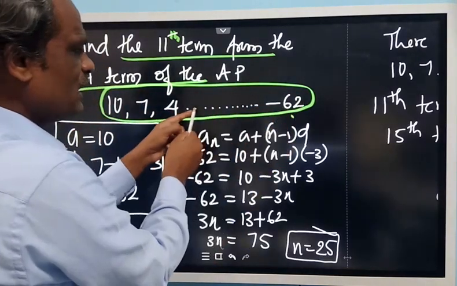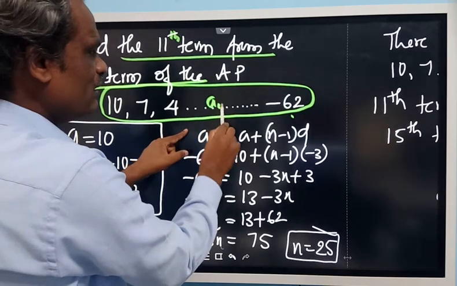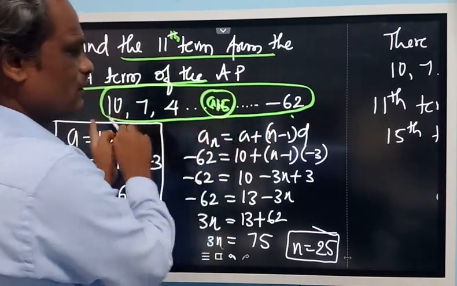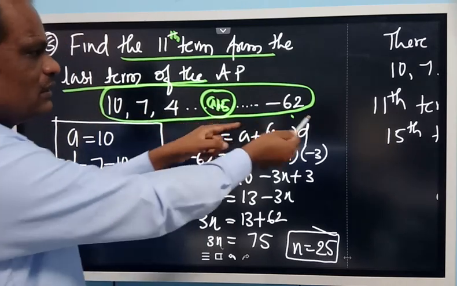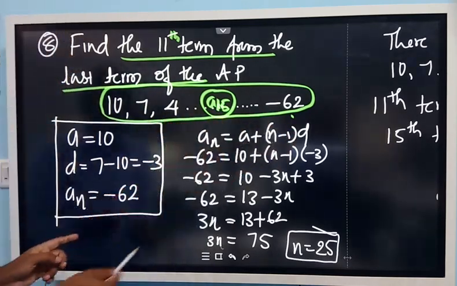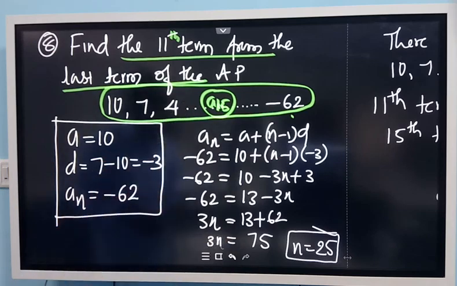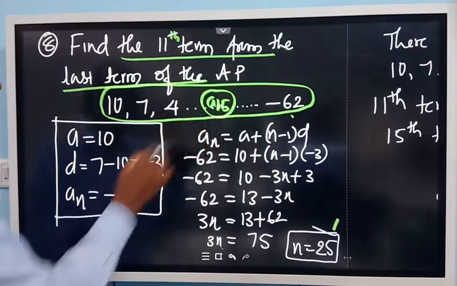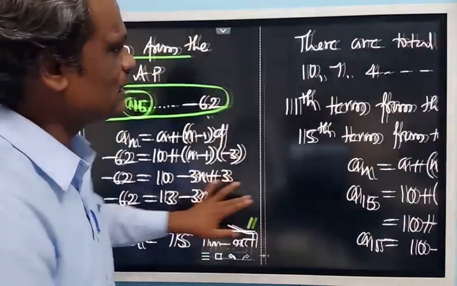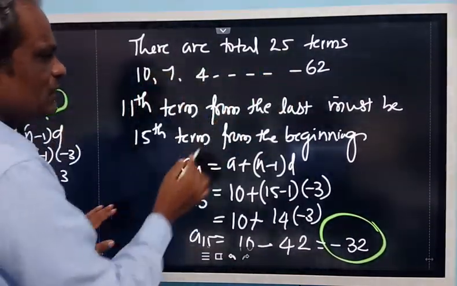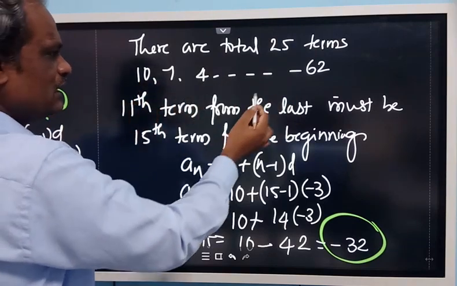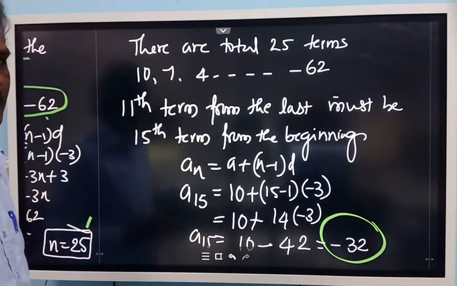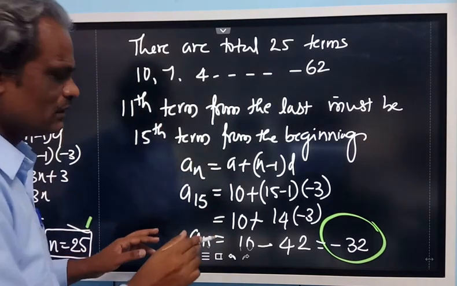The 11th term from this side should be the 15th term from the beginning. So first we calculated that there are 25 terms, then the 11th term from this direction must be the 15th term from the beginning. That I explained in detail.